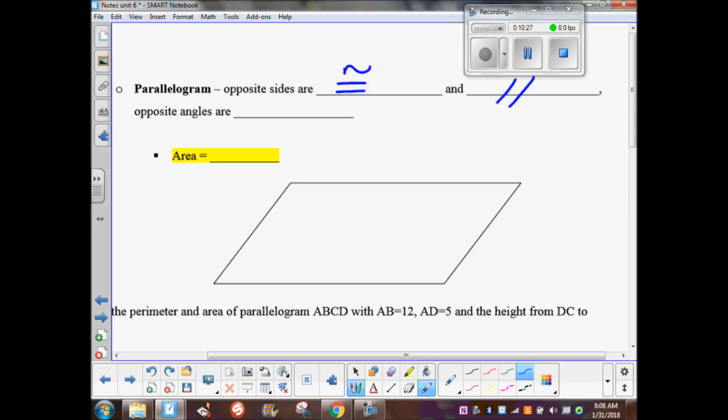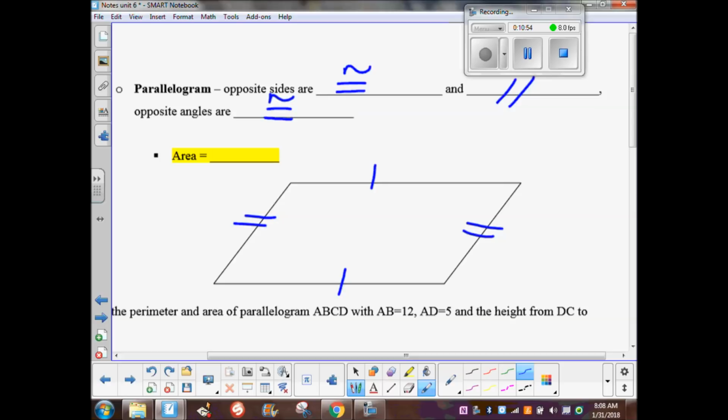Opposite angles are congruent. So opposite sides are equal or congruent. The top and the bottom get 1 mark each, but then the left and the right are equal to each other, and they get 2 marks each. Because like I said, it's not a square. Not all equal to each other.